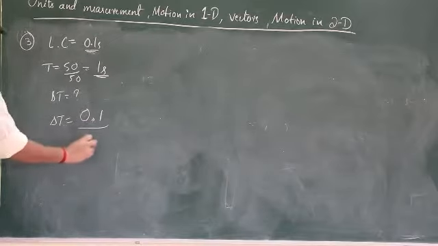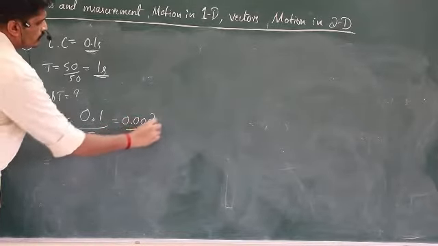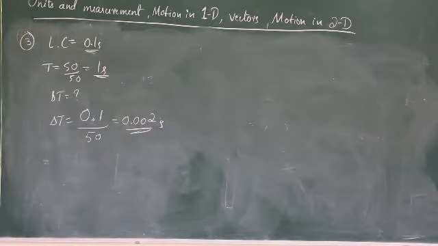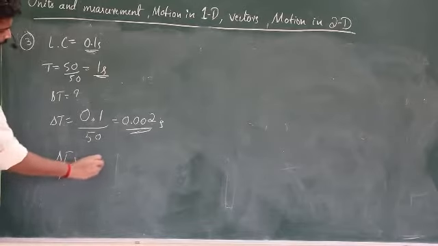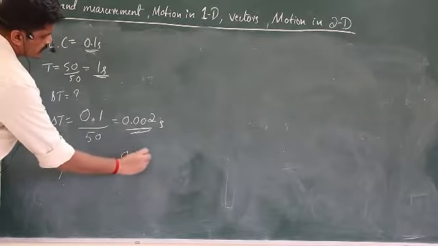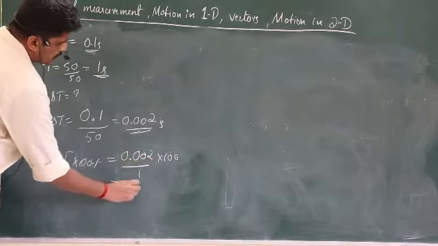So I will take 50 oscillations. That gives 0.002 seconds as the delta t value. What they are asking is the percentage error in the time period. So percentage error is delta t divided by t into 100%, equal to 0.002 divided by 1 into 100. So what is the answer?